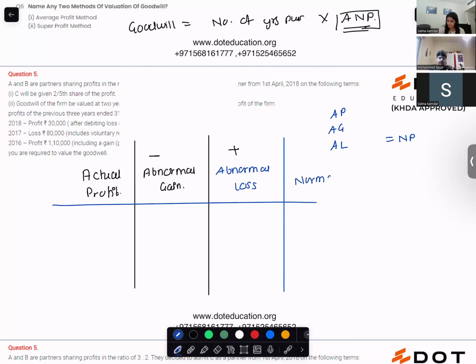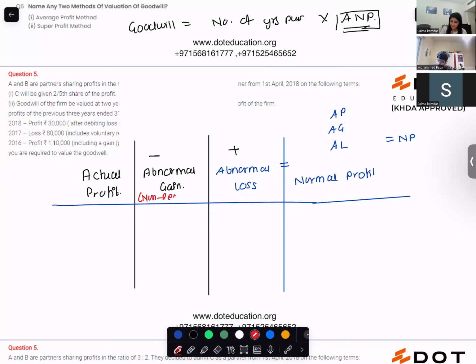Are you with me? So actual profit minus abnormal gain plus the abnormal loss is going to give you a normal profit. When I am writing abnormal gain in the bracket, you also write non-recurring.